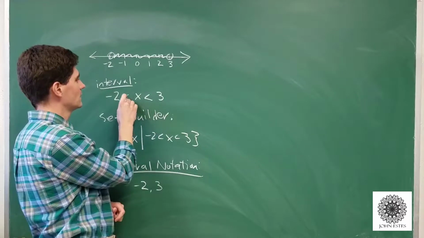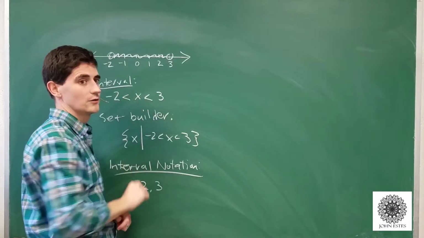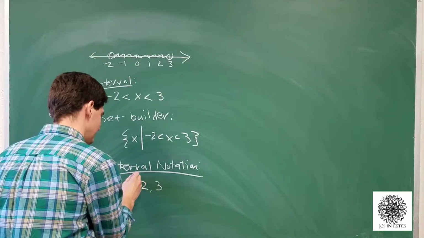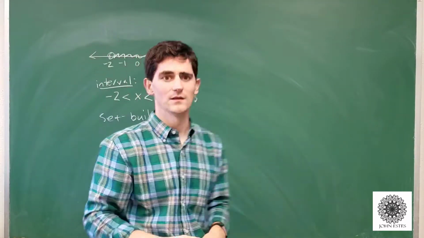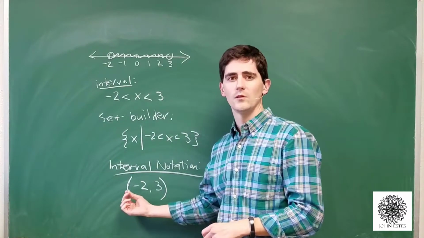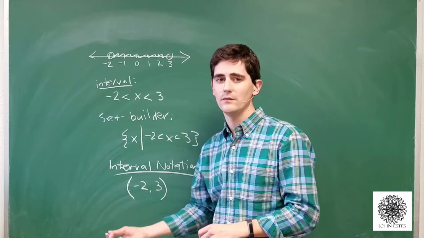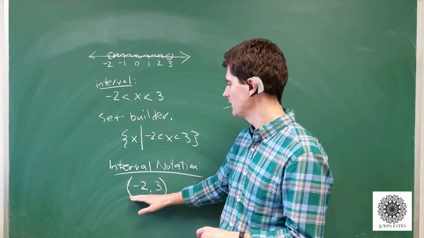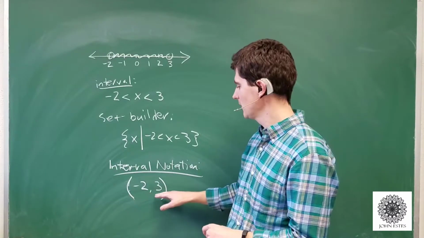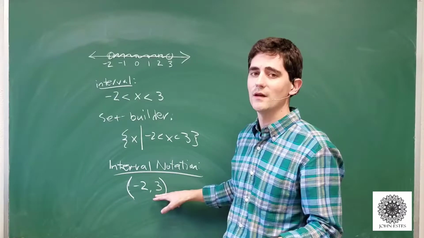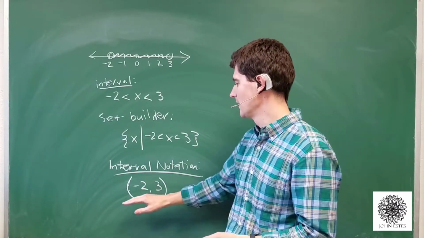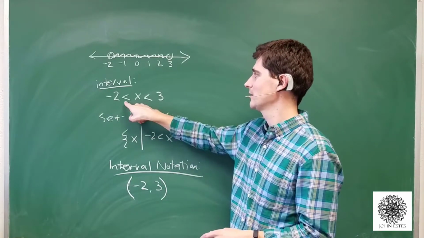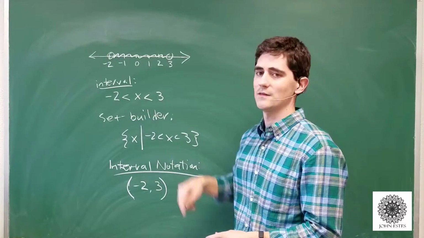On my inequalities, they're strictly less than, there's no greater than. So because of that, I'm going to use parentheses. What this means is that anything larger than -2, even if it's really close, like -1.999, is included in here, and anything going up to 3, like 2.99999, for example, is in here, but -2 and 3 themselves are not included. And that's because we said strictly greater than -2 and strictly less than 3.